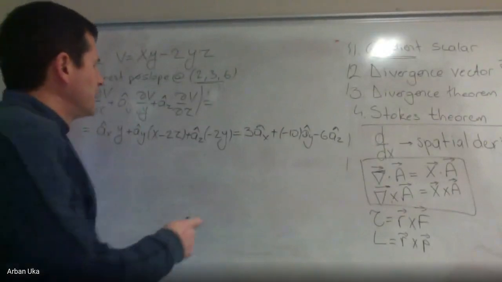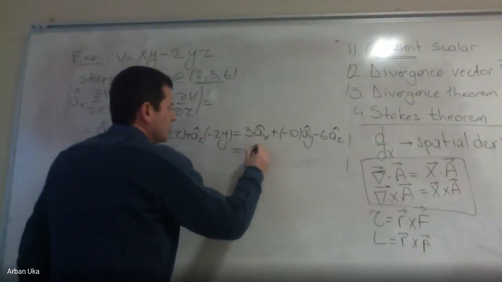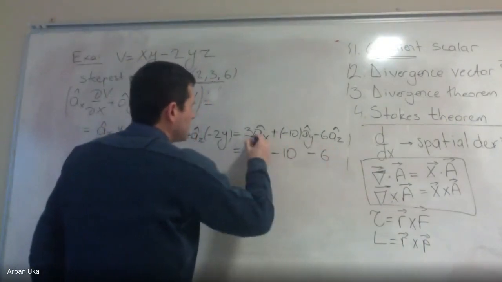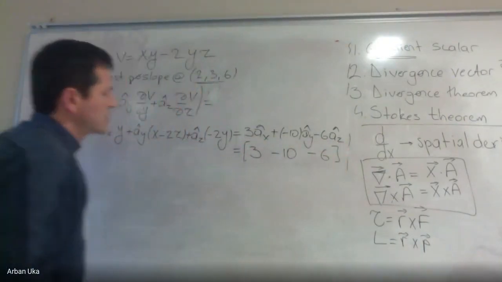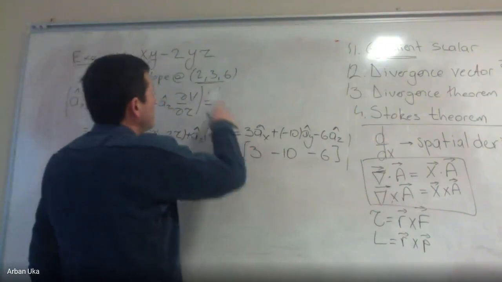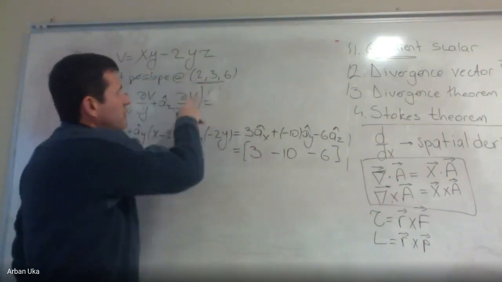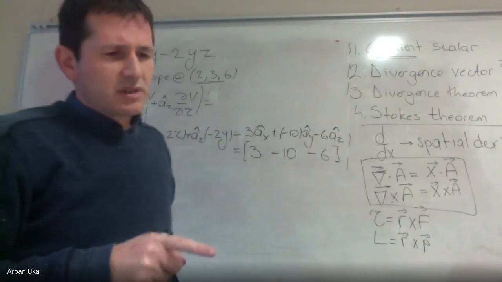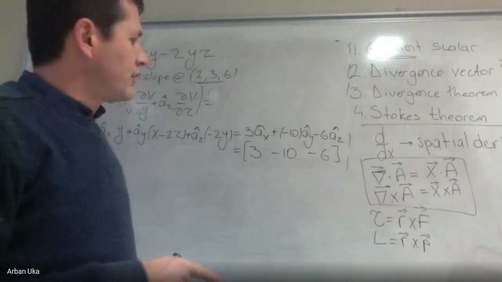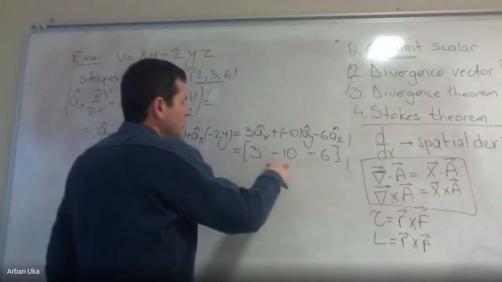So this is what we get, and to make it a little clearer, we get 3, minus 10, minus 6. These are the components of the gradient of the scalar quantity. What this is telling us is that the maximum change, which is also the maximum increase of this potential, is along this direction.